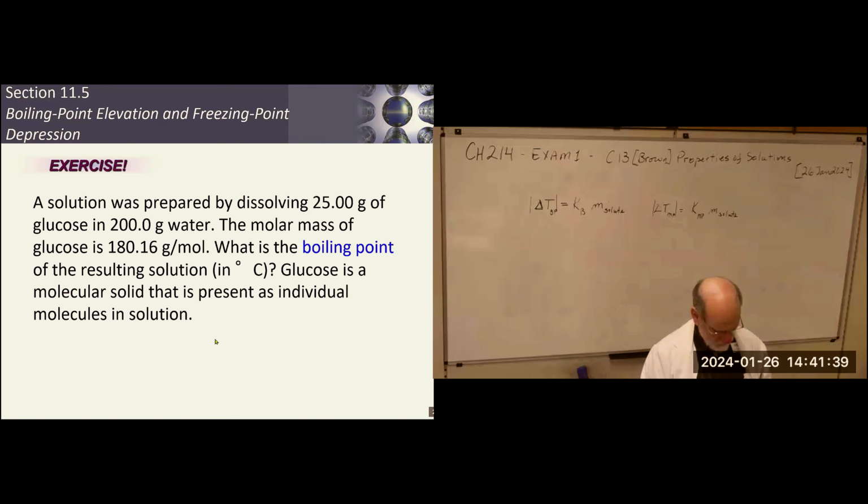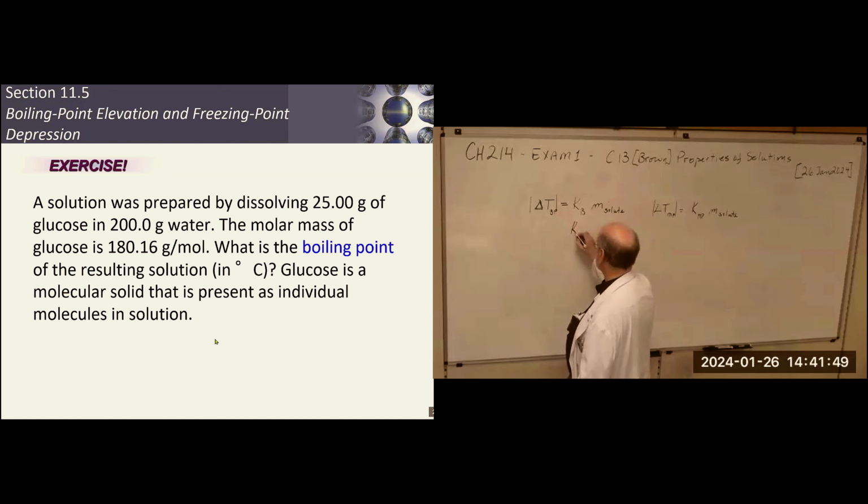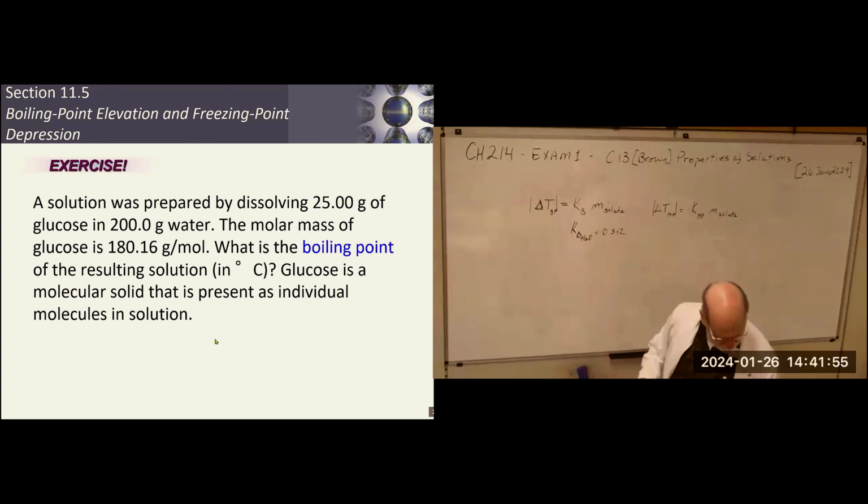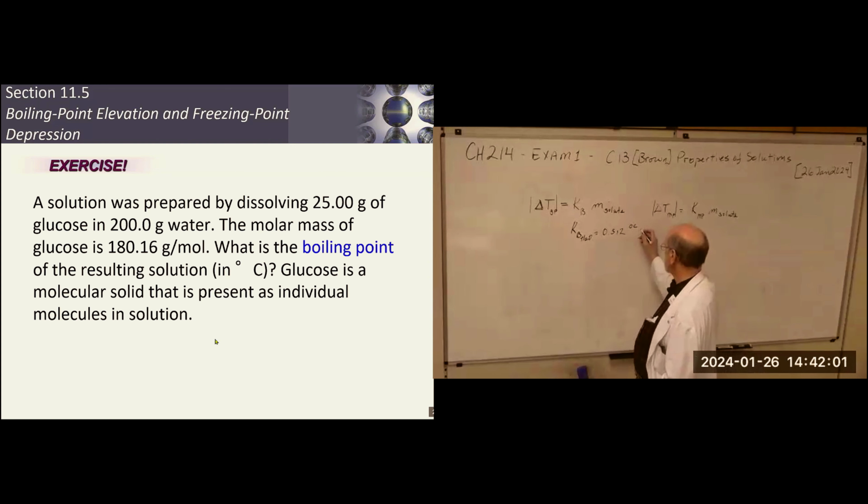Here we go. Water. Here it is, 0.512. So the Kb for water is 0.512, and the units of measure are degrees C kilogram per mole.